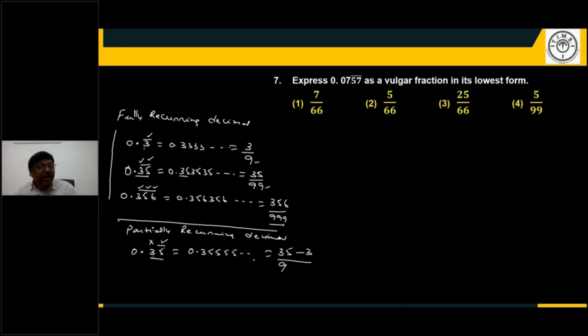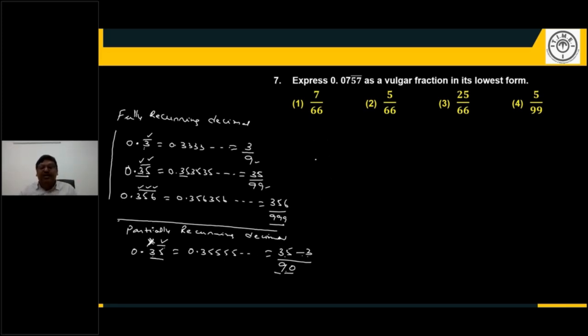That's okay, but it's not the end of it. Students, followed by as many zeros as the number of digits not recurring. How many digits are not recurring? 1 digit. So I'll put 1 zero. Listen carefully. I'll explain again. 0.35 bar means 35 minus the non-recurring part 3 by, 1 digit is recurring, so 1 nine, 1 digit is not recurring, 1 zero.